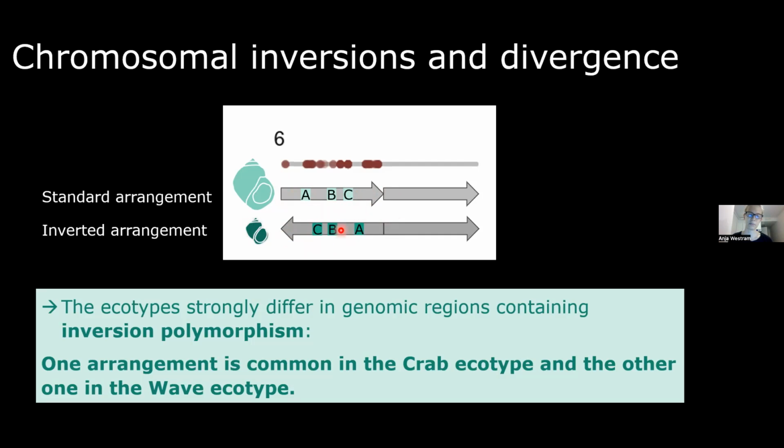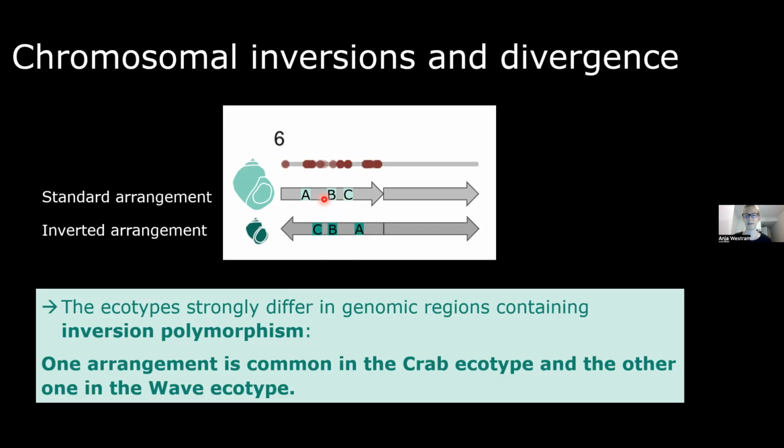So you have these two possible versions of the genome that both exist in the species. And the important thing is that if you have these two different arrangements, there is no recombination possible between them because the chromosomes cannot align properly during meiosis.